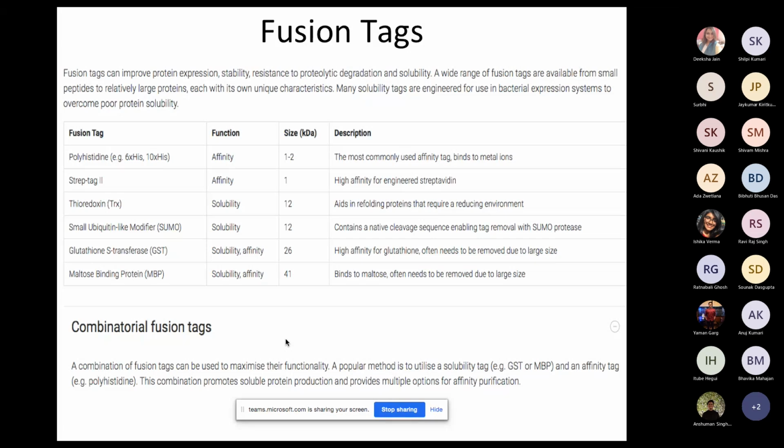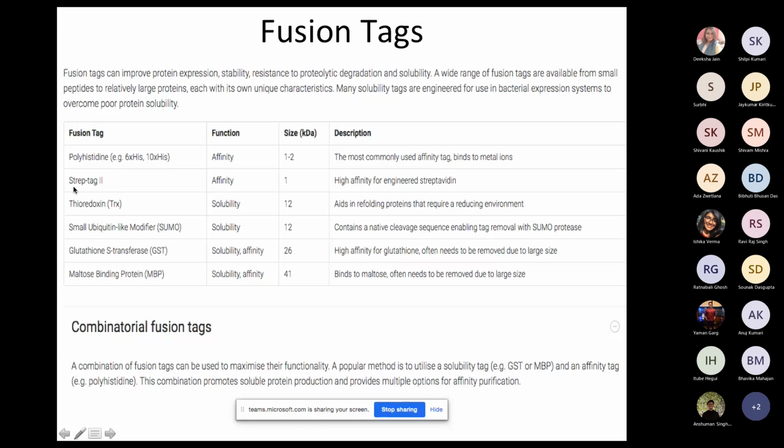So why double tags? Because it will ensure that your final protein will be extremely pure. So let's say I clone my gene of interest downstream of two different tags.